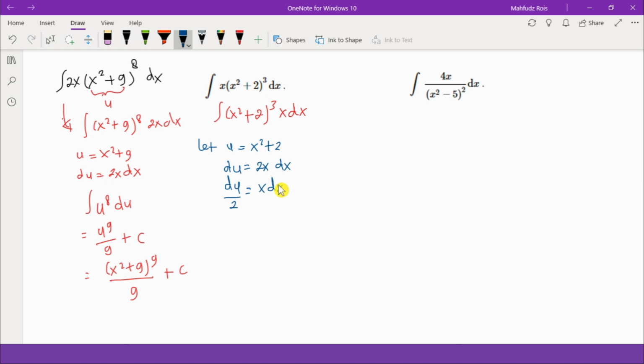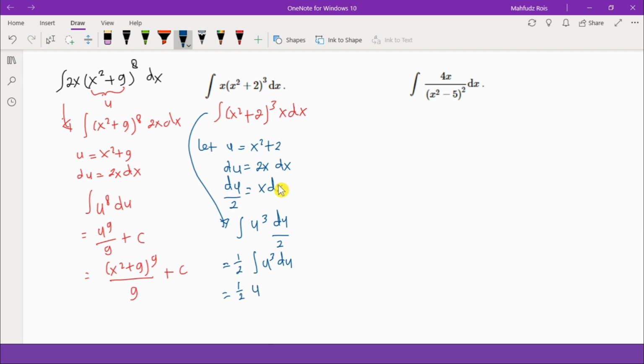Now after that, you can rewrite this as the integration of u cubed du over 2. Now du over 2, it's a constant. It means it's like du times half. So you can take half in front of the integral. So it will be half times the integral of u cubed du.